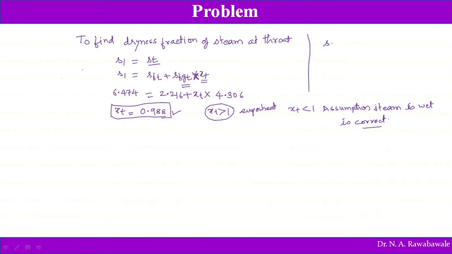So S1 is equal to St we are going to write. So this steam is superheated. That indicates if xt is greater than 1, then steam is superheated. So this formula we have to change. Which formula do we have to write?